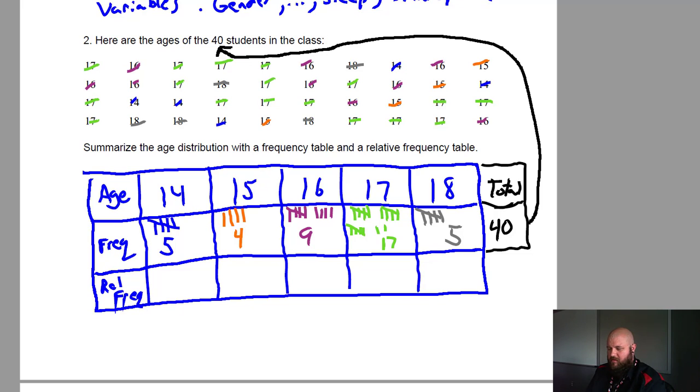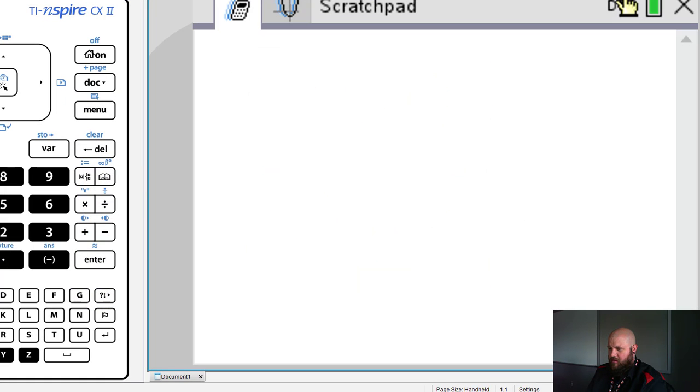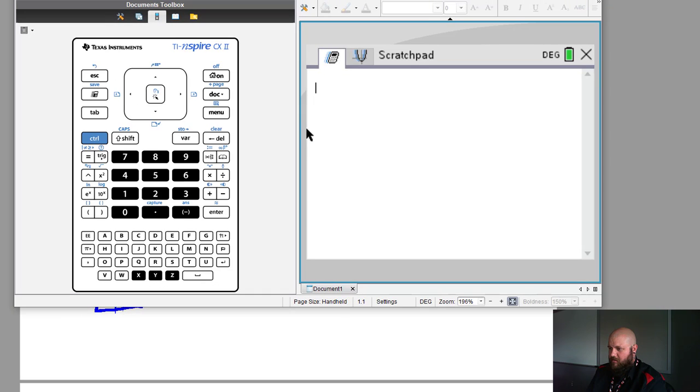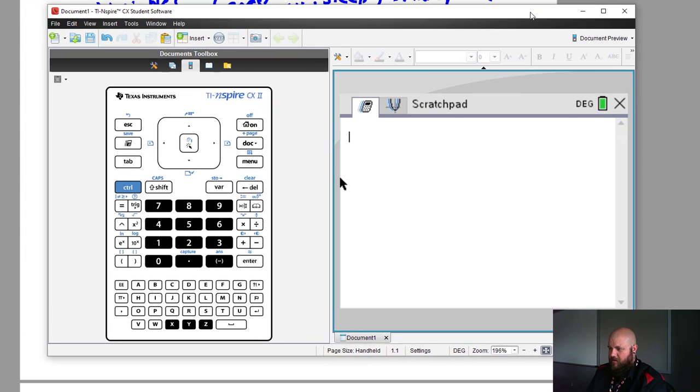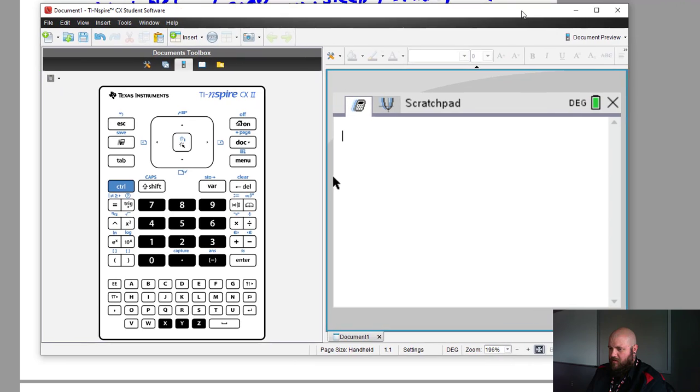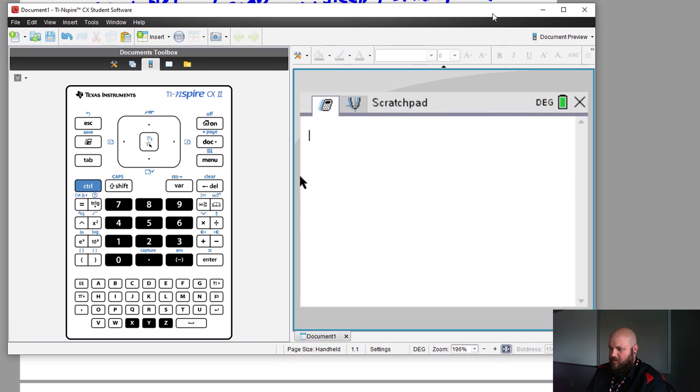So with this, go ahead and take our calculator here. Let me minimize it a little bit as we get in the picture here. So with that, let's say we had 5 over 40. So 5 divided by 40.